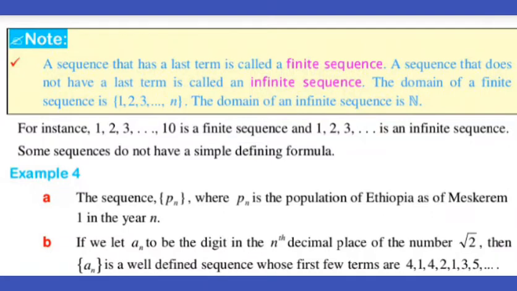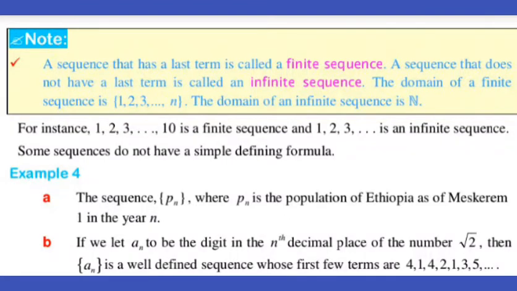By the way, some sequences do not have a defining formula. For instance, the sequence Pn, where Pn is the population of one country in n years. Therefore, this does not have a simple defined formula.